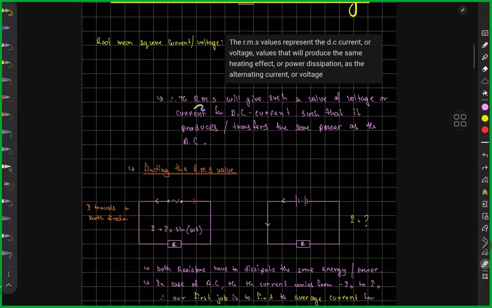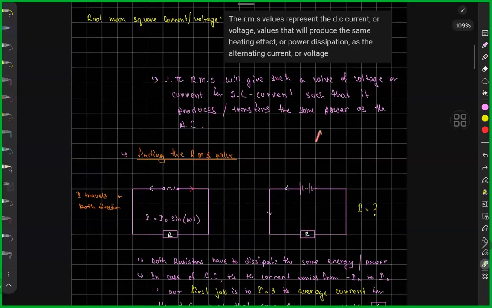So what will the root mean square value give? It will give a value of voltage or current that is analogous to having a DC current such that both produce the same power. What on earth did I just say? I'll explain it.